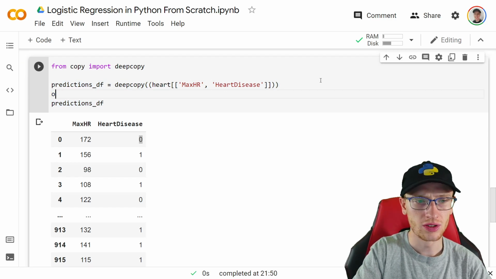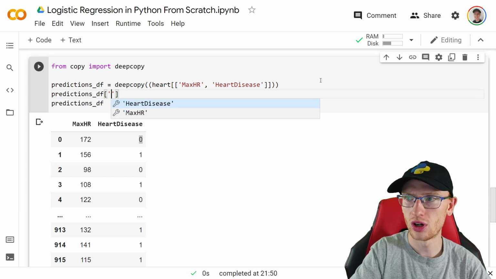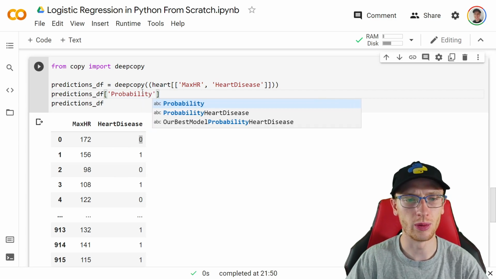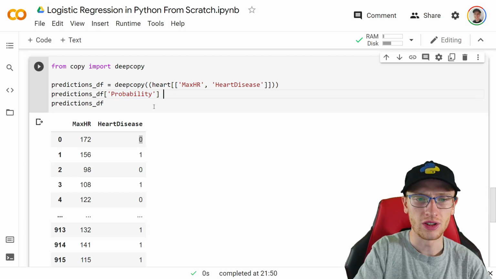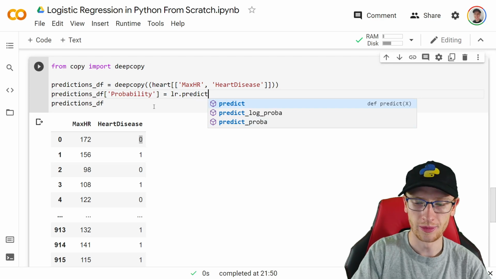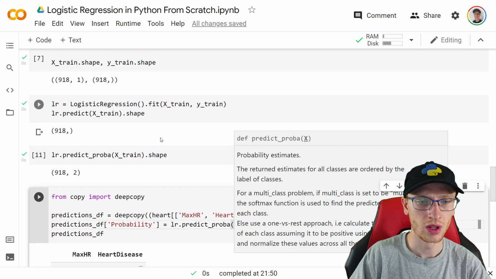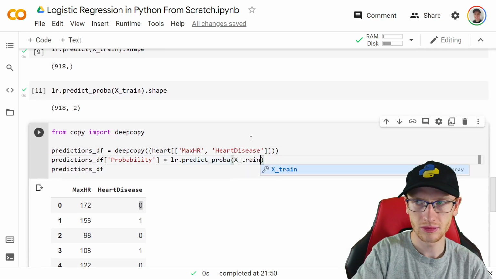So we can add, I'll just keep that there for now, predictions_df sub. We will call this probability of heart disease. I'll just do probability for short. predictions_df probability is equal to lr.predict_proba, the same thing as above, we could probably just pass it x_train as we did before.